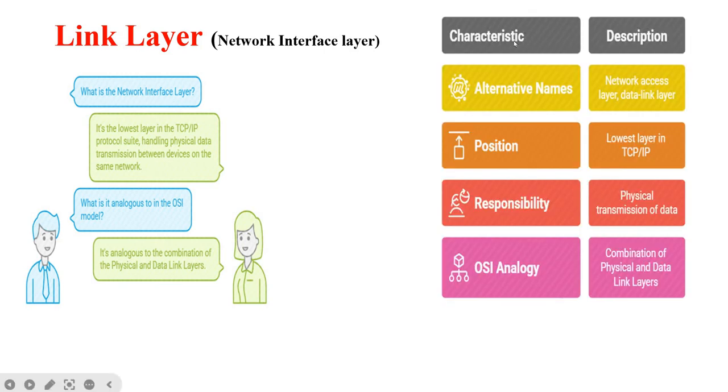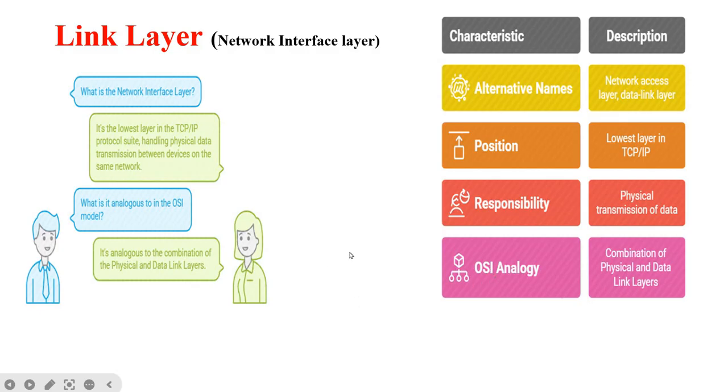These are some of the characteristics and their description with respect to the link layer. The alternative name for the link layer is the network access layer or the data link layer, and its position is the lowest layer in the TCP/IP protocol suite. The responsibility of the link layer is the physical transmission of data, and it is analogous to the combination of the physical and data link layers of the OSI reference model.